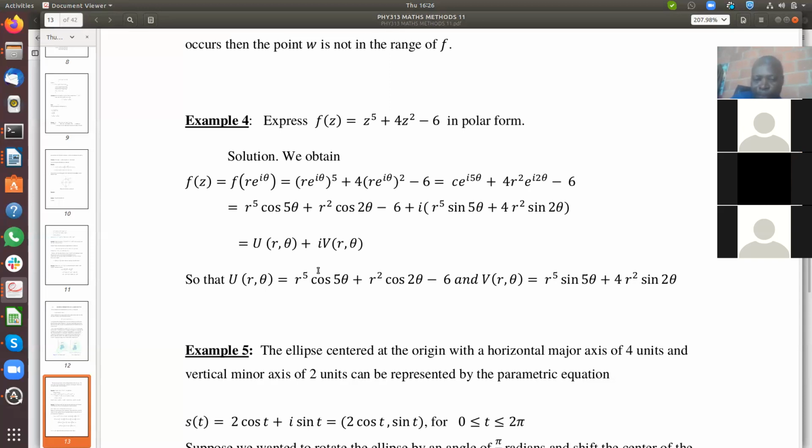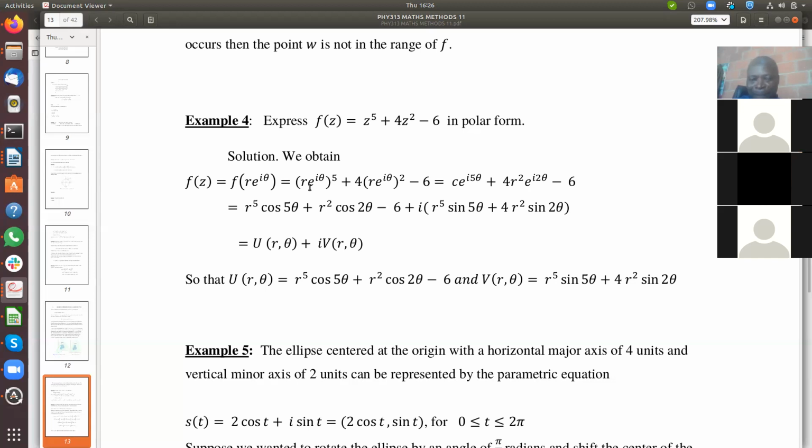Please, can you give an example of one of the expansions, just to be clear on this? Now, look at this expansion. If you want to expand r exponential i theta to the power of 5, this means that you multiply this in 5 places.